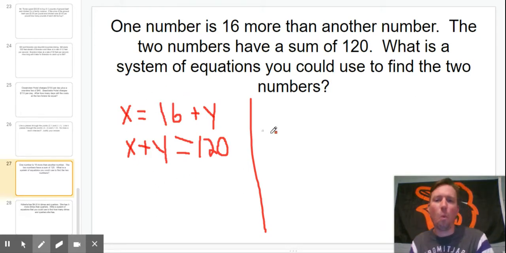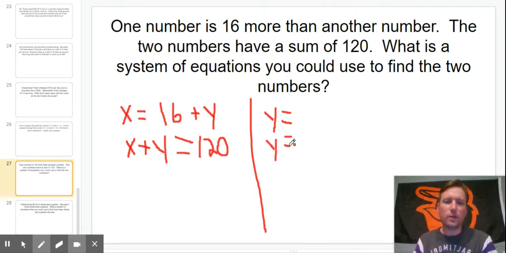Instead, it's listed as y equals a value, and for the second equation, y equals a value. So let's look at this. Can we rearrange this so that y equals something? Sure, we can. How would we do that?